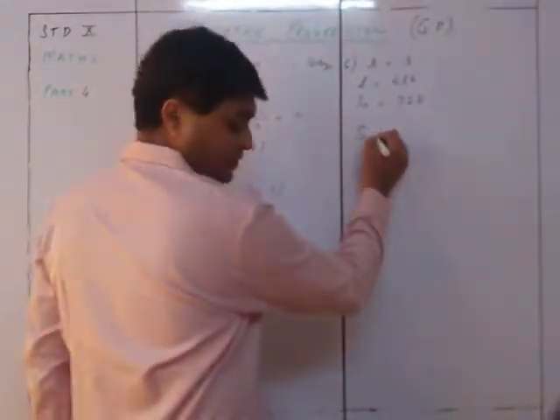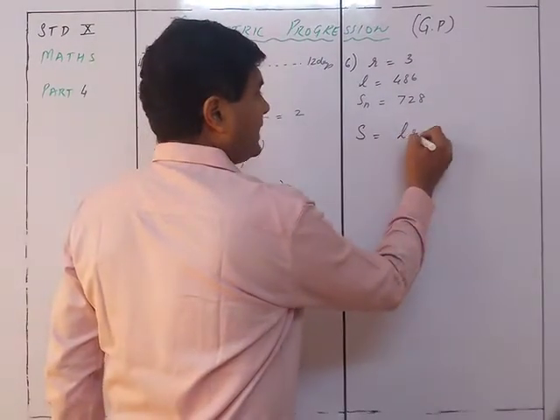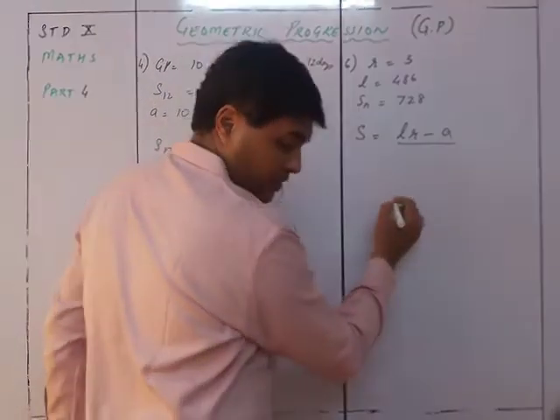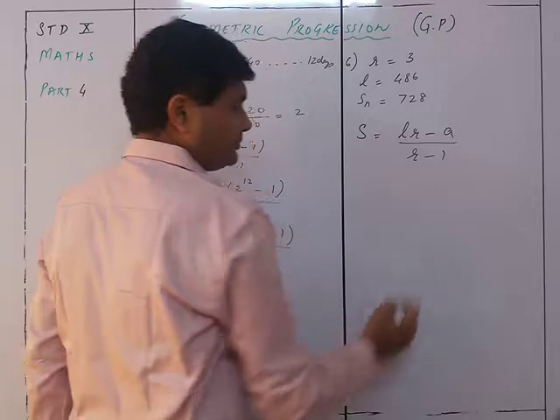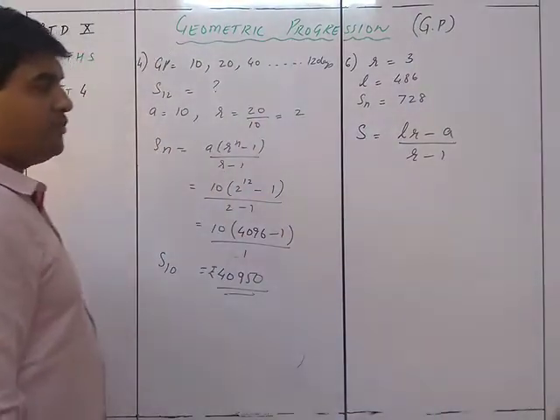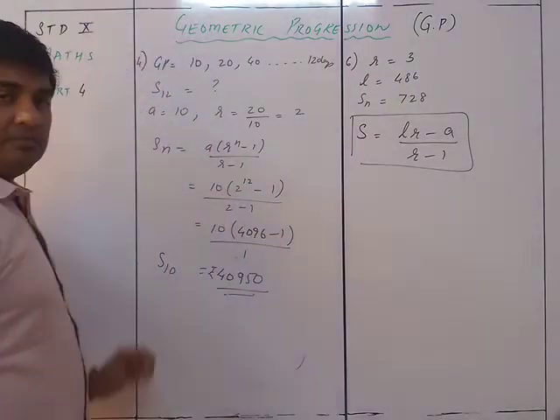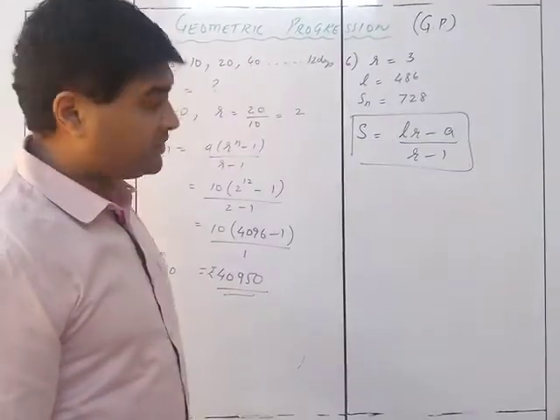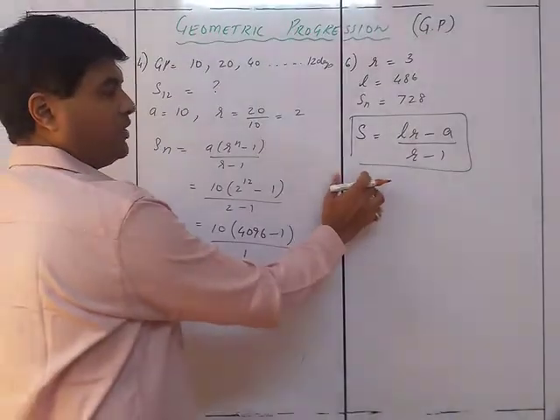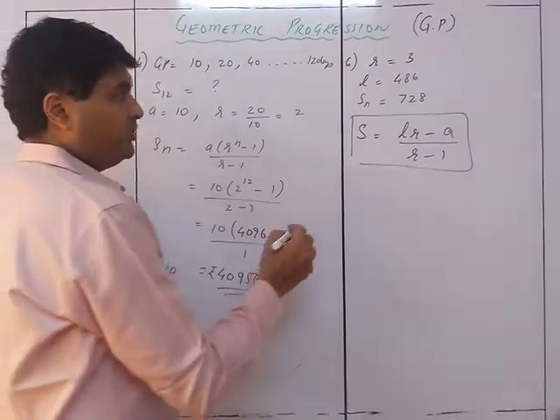So S is equal to (L r minus a) upon (r minus 1). This is the formula for the last term. When the last term is given to me, this is the formula I can use. This is the important formula. Please write it on your first page.